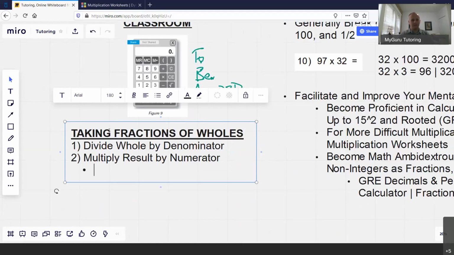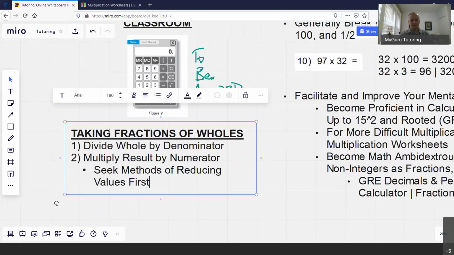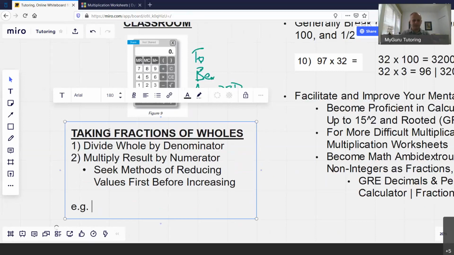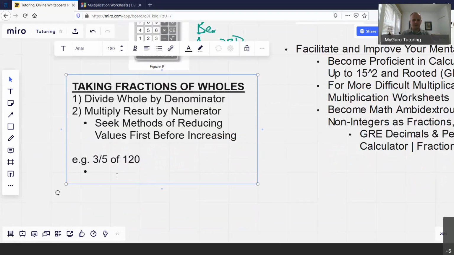And generally, if you're talking about mental math, you want to seek methods of reducing your values first before increasing them. Because again, smaller numbers are easier to process. So for instance, let's just say we wanted to take 3/5 of 120. So first, we want to find out what is 120 divided by 5.